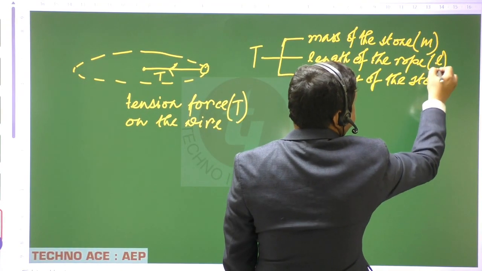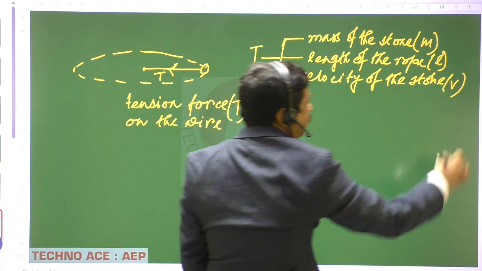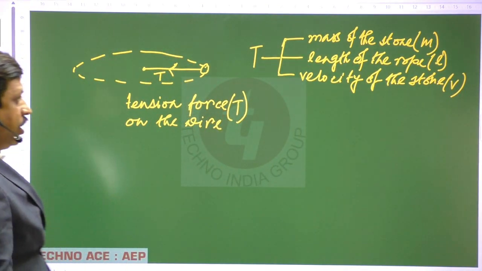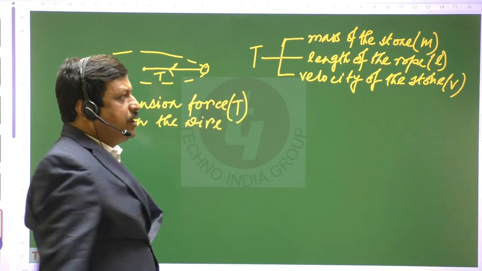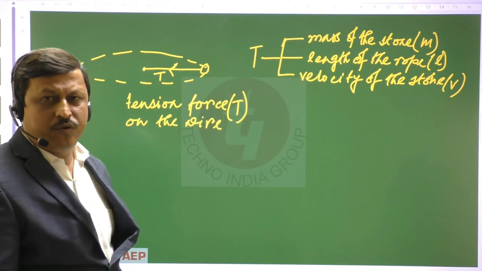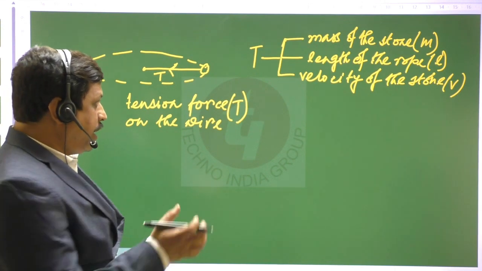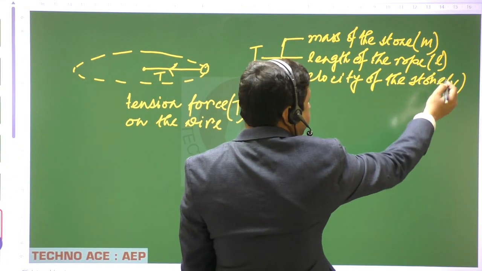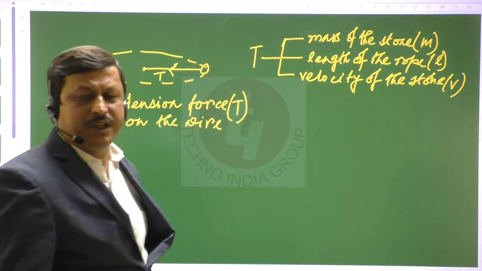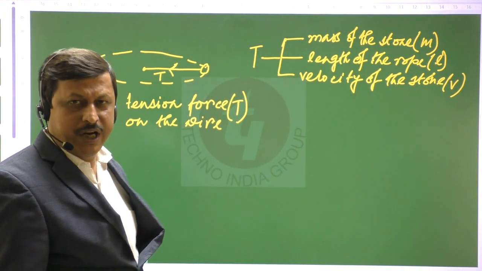Say the length of the rope is L and the velocity of the stone is V. So to find the value of T, first you have to make a relation between mass, length and velocity with the tension force, right?